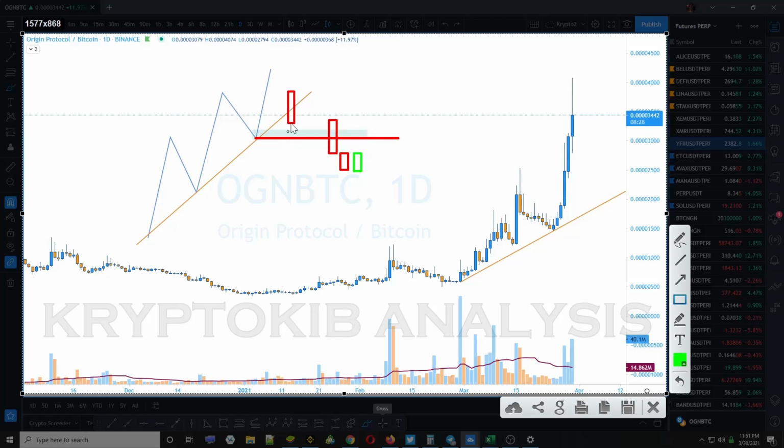If there is interaction like this with the invalidation level but it got pushed back, it doesn't mean anything. The fact that you have the first candle closing strongly below the invalidation level and the second candle closing below the invalidation level shows that the bears are in control.